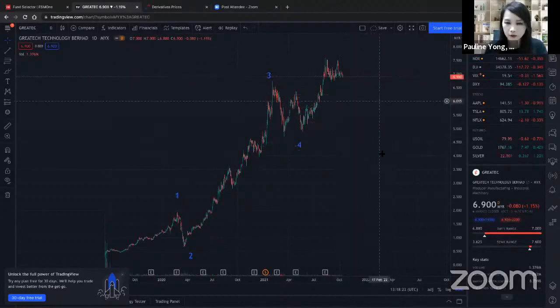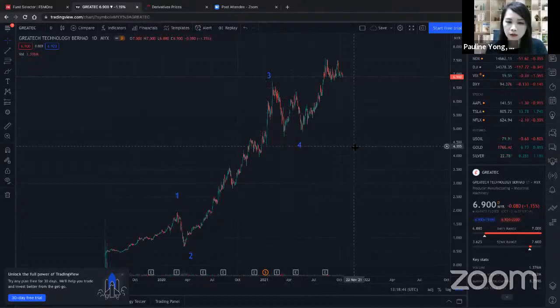Then this wave C actually passes that wave number 4 here. That means you are forming a double top, whereby it closed below here.